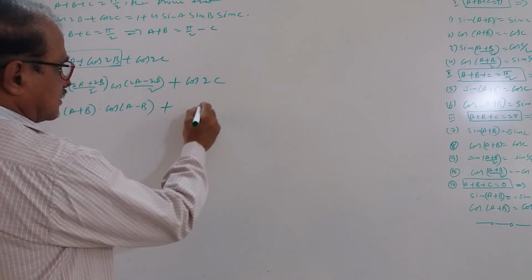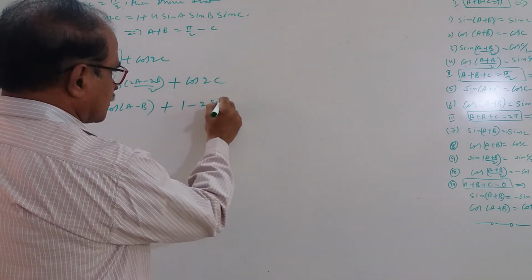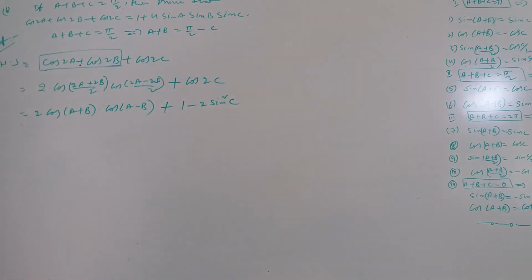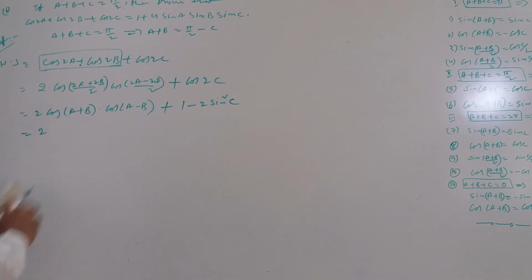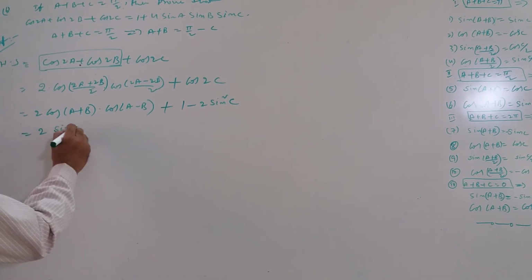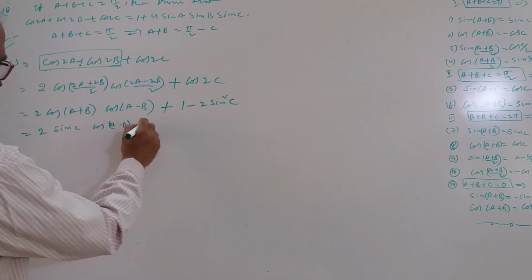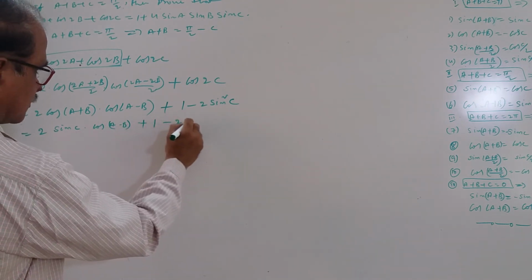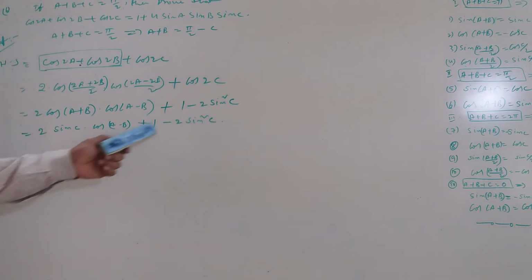Cos 2c in terms of sin is 1 minus 2 sin square c. So this can be written, instead of cos a plus b, we can write sin c into cos a minus b plus 1 minus 2 sin square c. Since sin c is there, we have to change cos 2c in terms of sin.